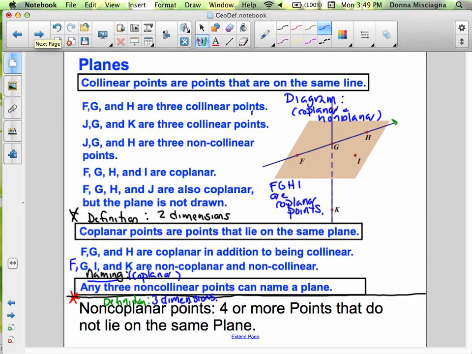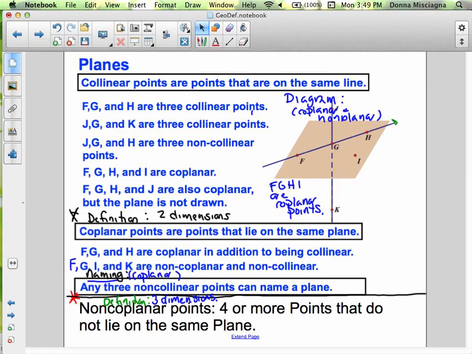Now let's talk about non-coplanar. Under non-coplanar in your notes, for the number of dimensions, put in it is 3 dimensions. Because now, if we're not all on the same plane, we've got more than one plane. So now we're going to be in 3 dimensions.